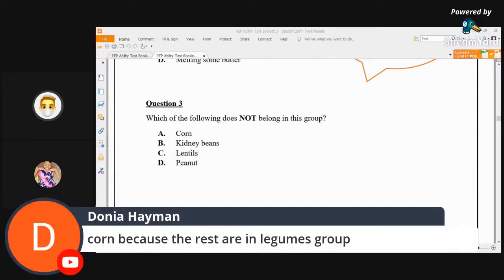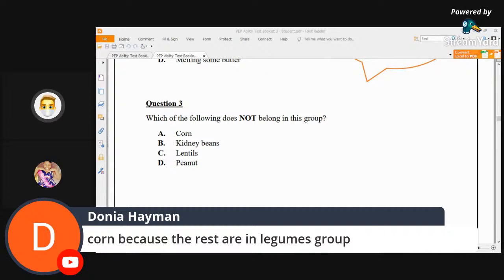Corn, because the rest are in the legumes group. That's it. So all of these can be considered legumes, but corn does not fall into that group called legumes. So when you're looking at food groups and you're thinking about your sources of protein, we know that we can get protein from our what?